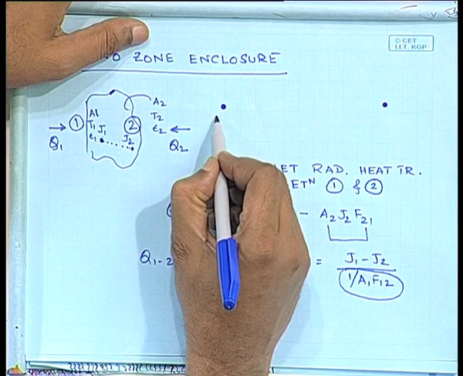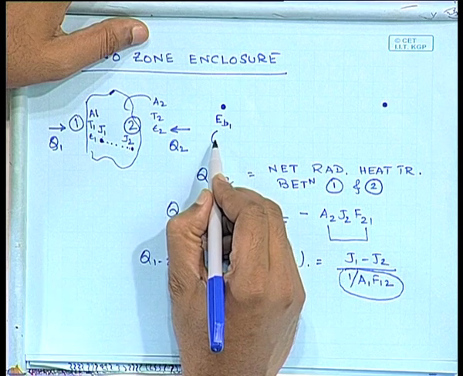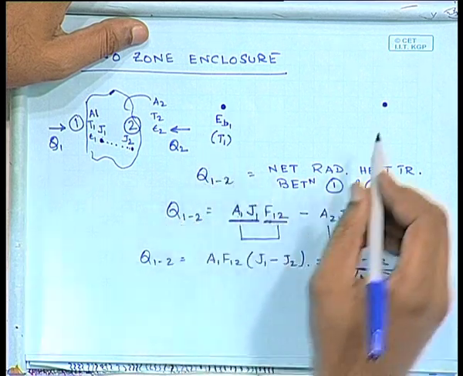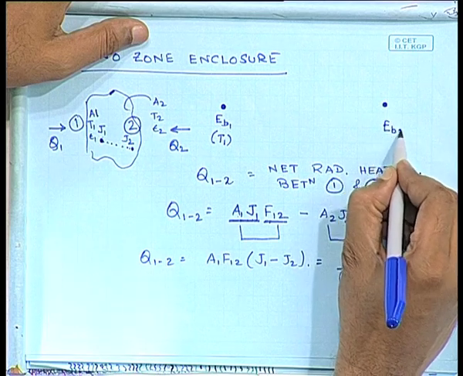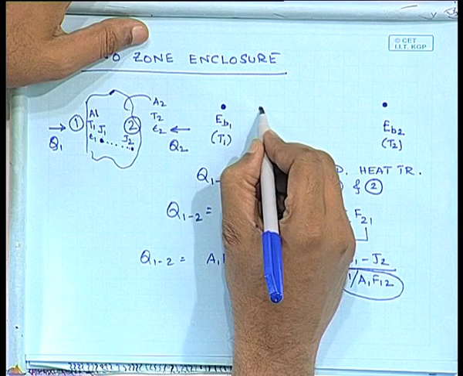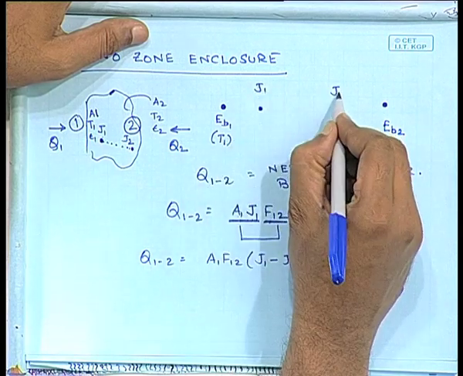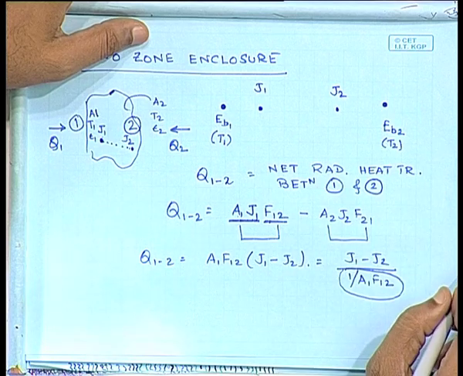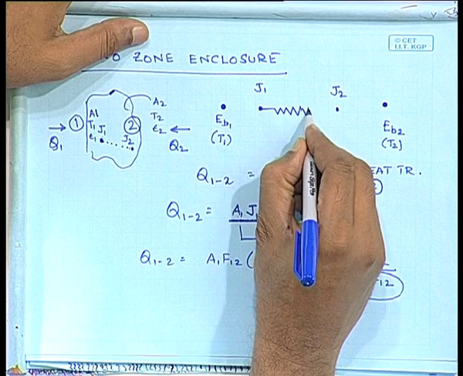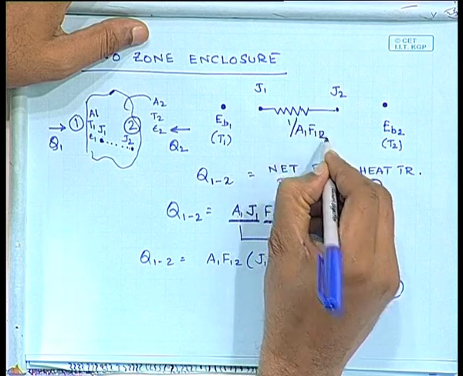So, if this is my EB1, whose absolute value is known to me if T1 is known to me, and if this is EB2, whose value is known to me since I know temperature, then there are two more potentials. One is J1 just outside the surface of 1, and the second is J2 which is just outside of surface 2. These two are connected by a resistance whose magnitude is equal to 1 by A1 F12.